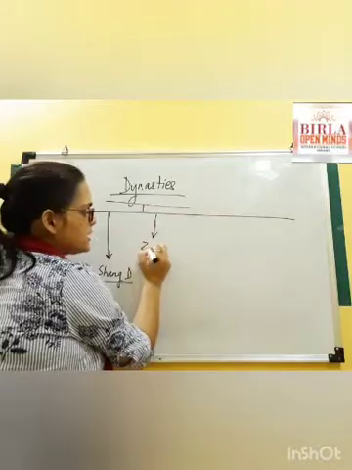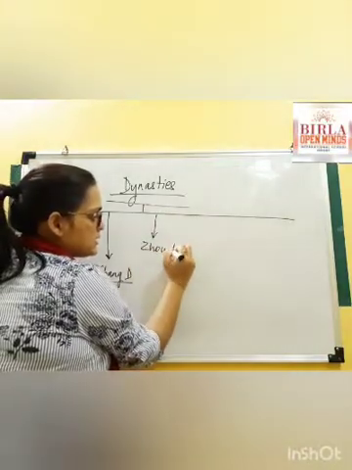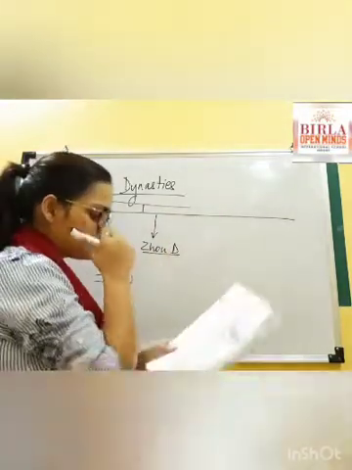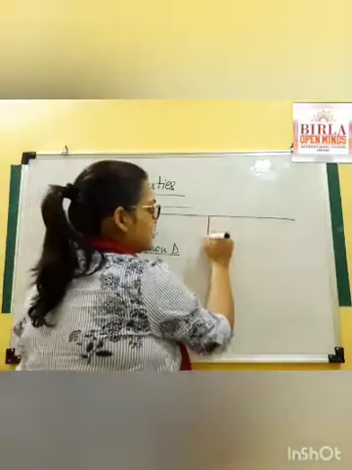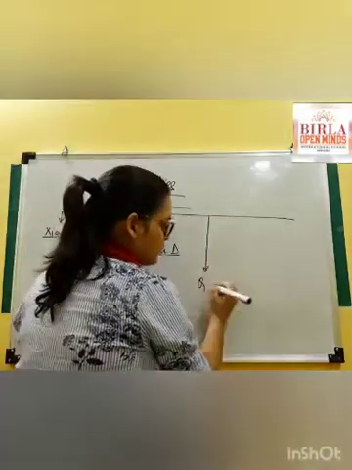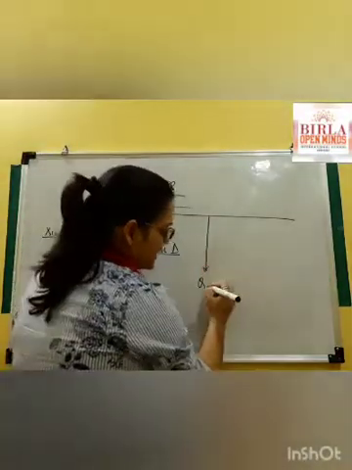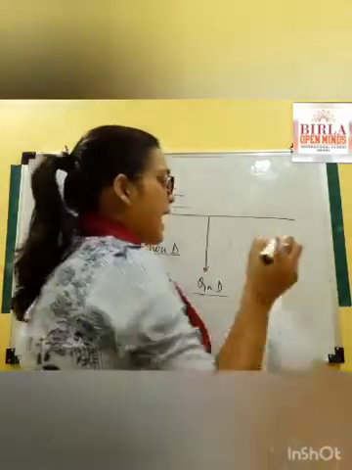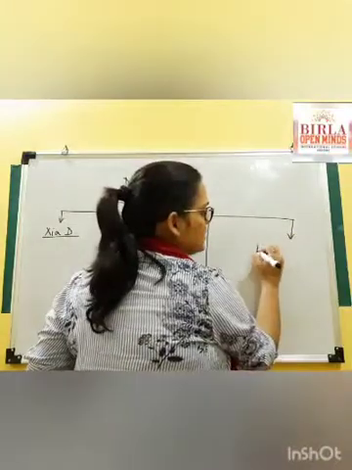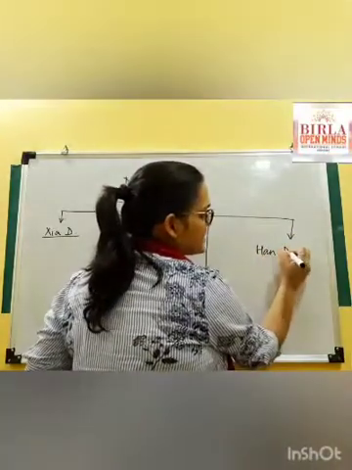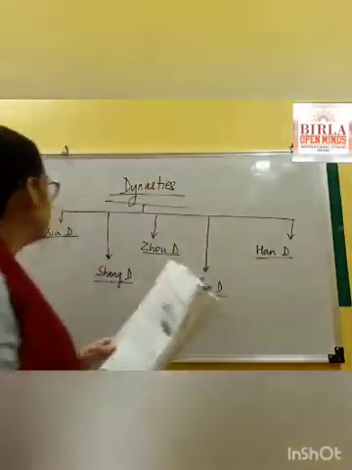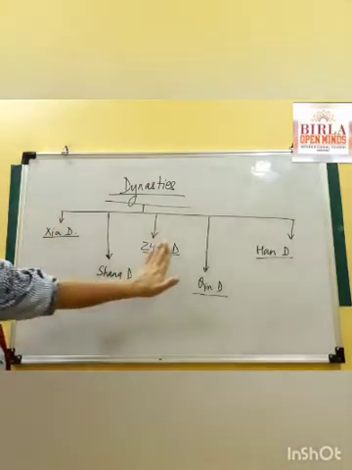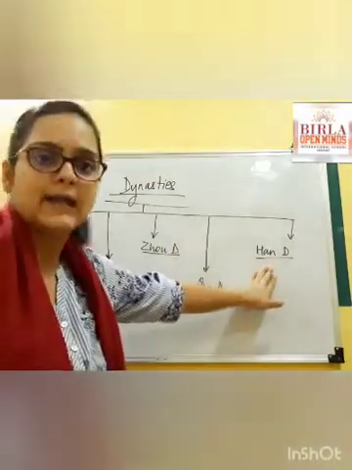These are the important dynasties. Then it is the Qin dynasty. Then it is the Han dynasty. Understood? The Xia dynasty, the Shang dynasty, the Zhao dynasty, the Qin dynasty, and the Han dynasty.